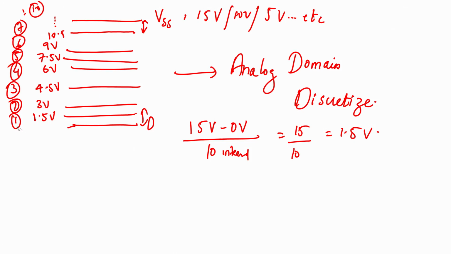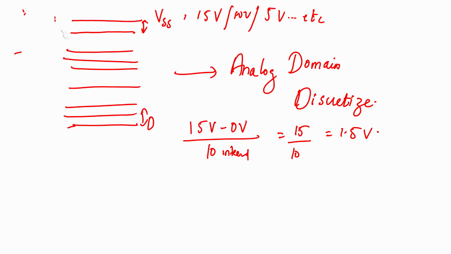So there are 10 levels, but usually, as you will be aware, digital signals are binary. Since you have fixed the levels right here, each level we will represent by a sequence of binary digits like 0 0 1 1 0 0. Now, the number of digits, the number of places in this digital representation, what does it depend on?